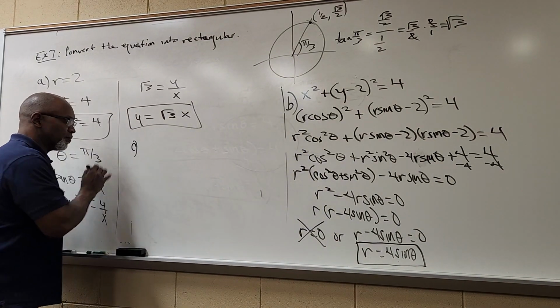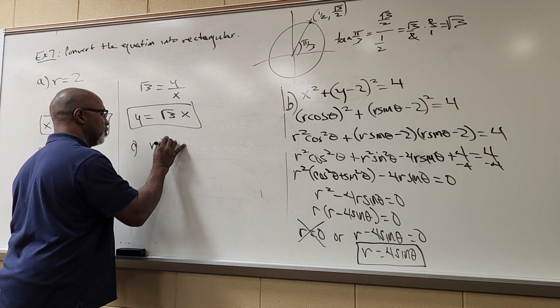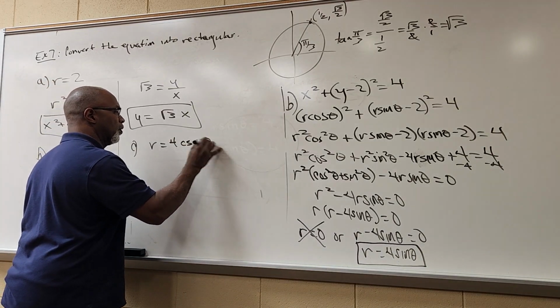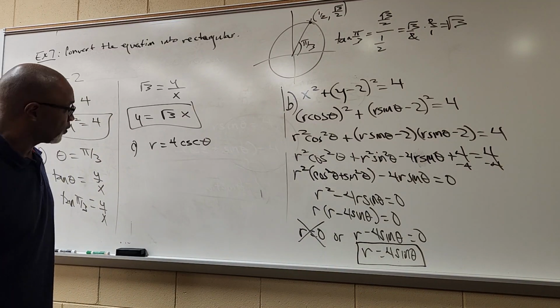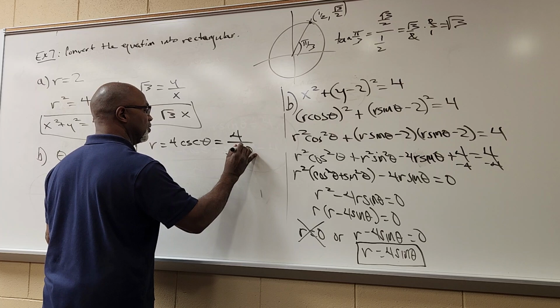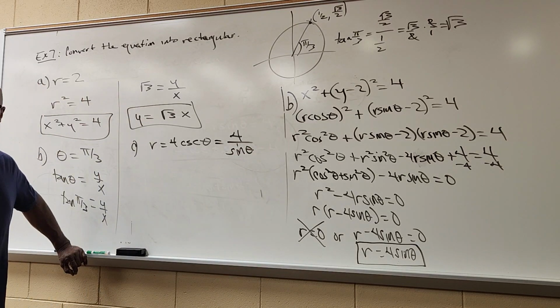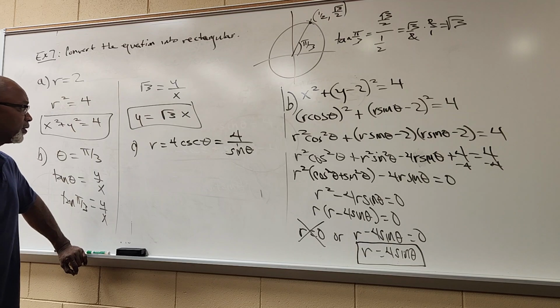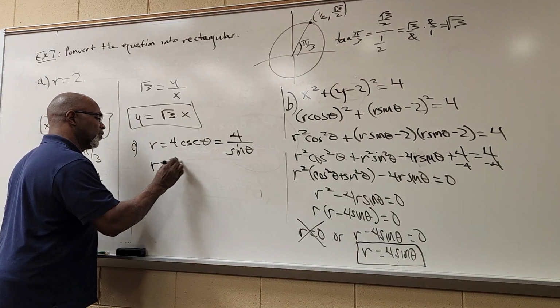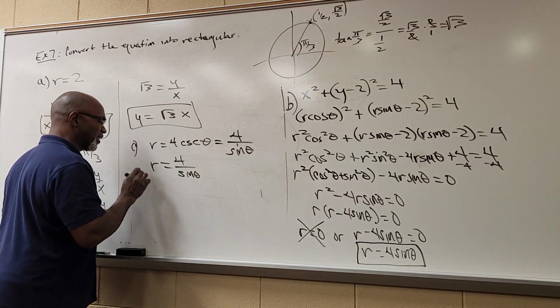Let's look at C. C says r equals 4 cosecant of theta. Well, 4 cosecant of theta really is 4 over sine theta, because cosecant of theta is 1 over sine theta. Okay? So I've got r equals 4 over sine theta. Multiply both sides by sine theta.